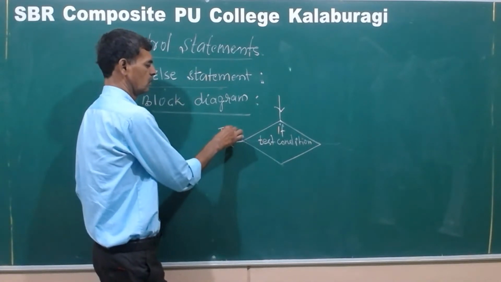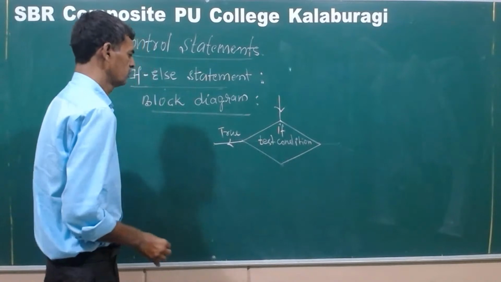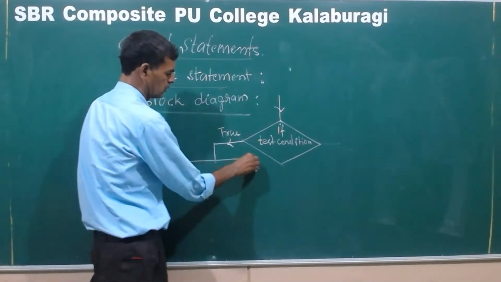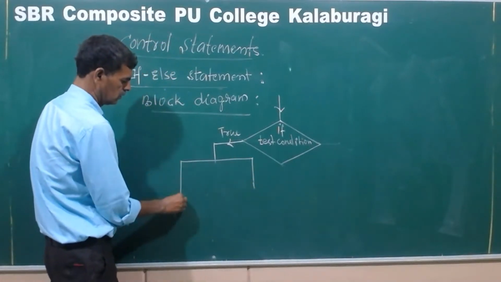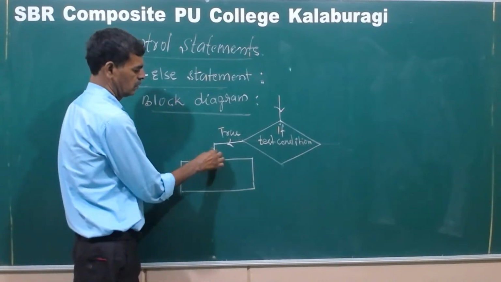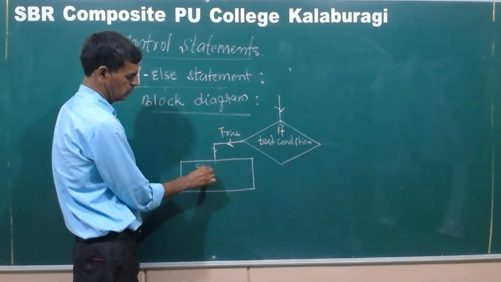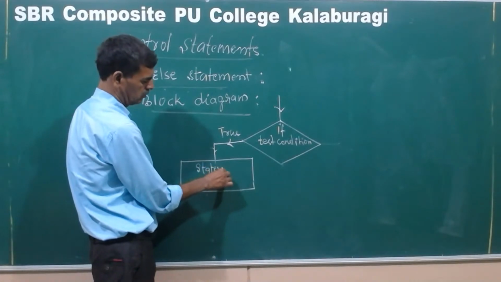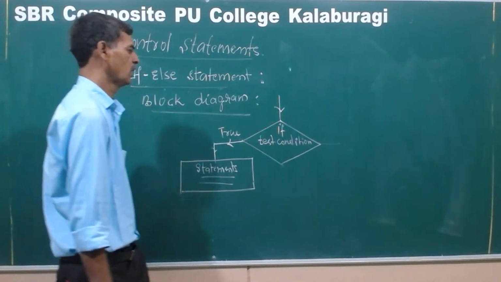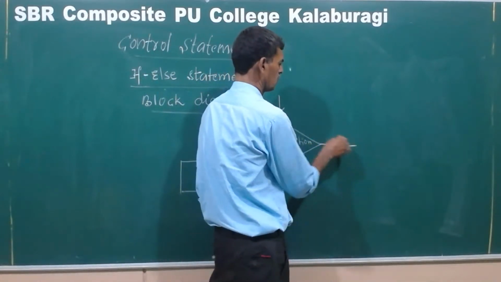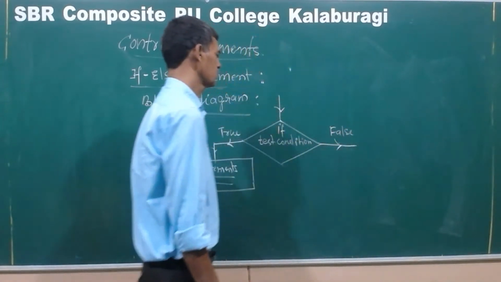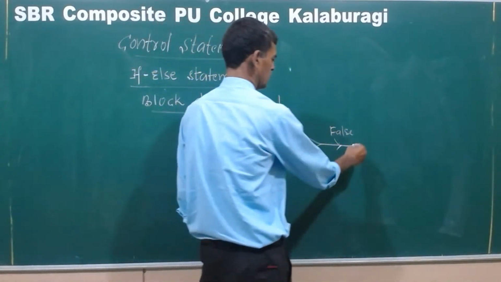True comes here, and statements in this block are executed. If it is false, control comes this side. Then statements in this block are executed.